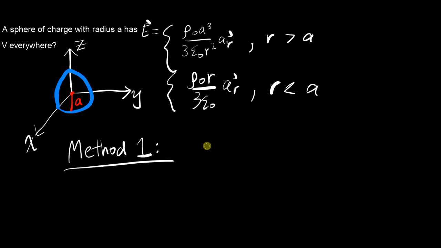An important thing to keep in mind is in this course, the potential V_AB is not V_A minus V_B, or at least not in the textbook. It is instead equal to V_B minus V_A.